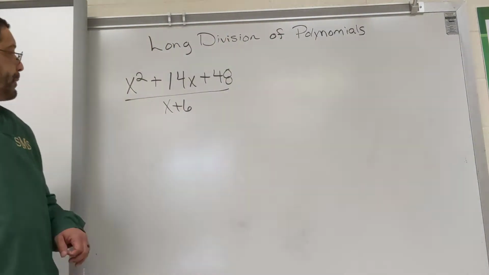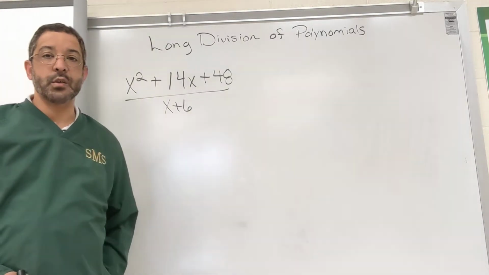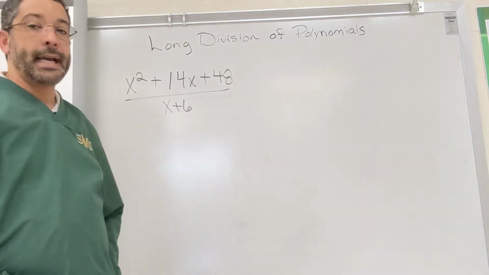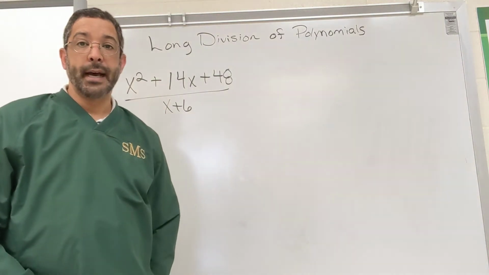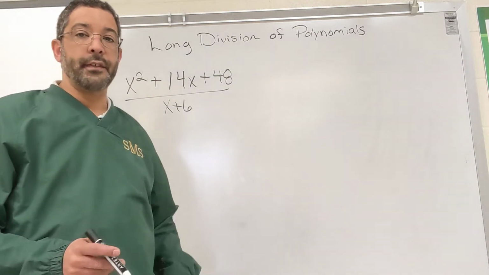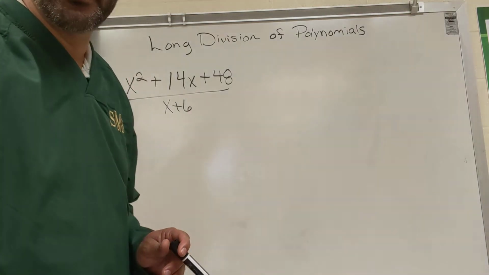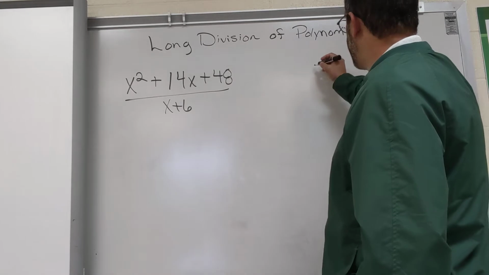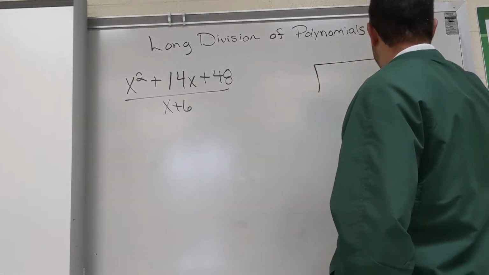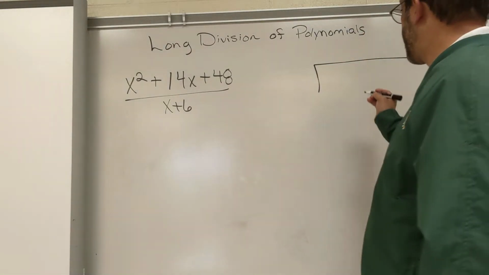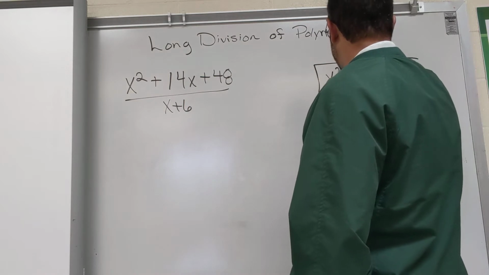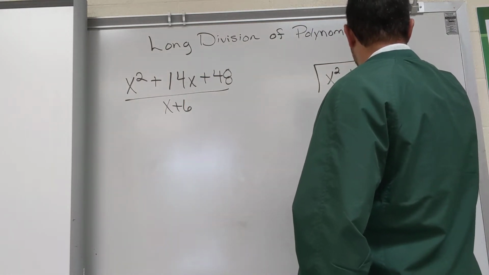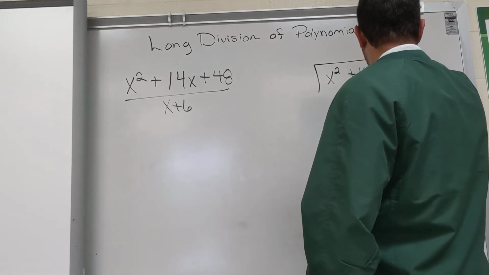All right, so let's suppose I'm given the problem x squared plus 14x plus 48 divided by x plus 6. How can I solve this using long division? Well, what I'm going to do is let me come over here, and I'm going to use the same process that I learned in elementary school. So I'm going to write over here x squared plus 14x plus 48.